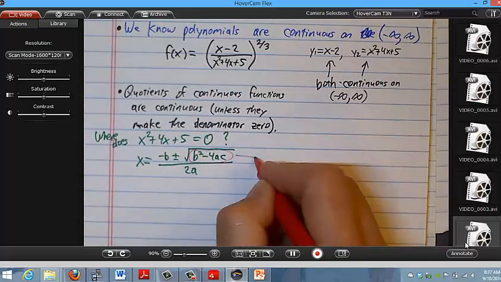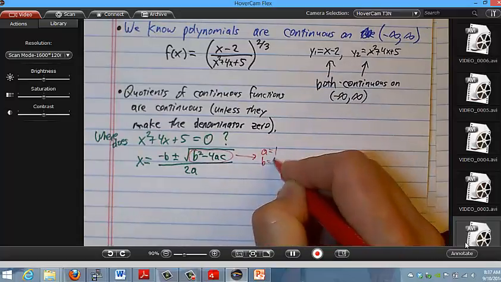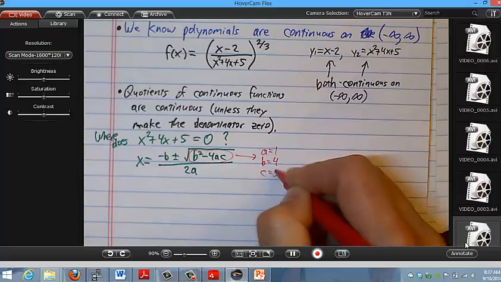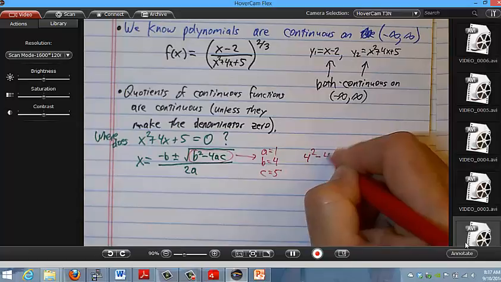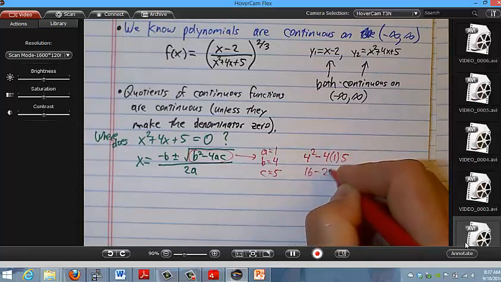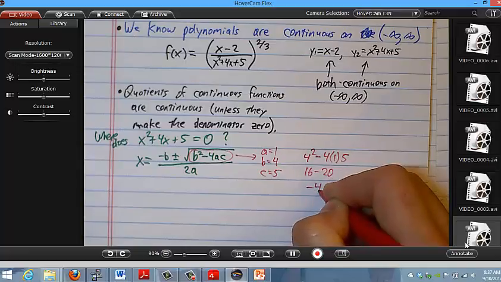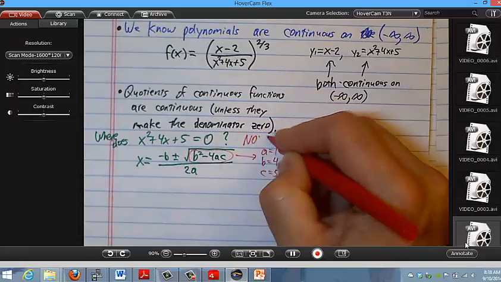Now let me check this out. In our problem, a equals 1, b equals 4, c equals 5. Am I correct? So if I do 4 squared minus 4 times 1 times 5, I agree. You're taking the square root of negative 4, you're going to get imaginary numbers. So the answer is, where does this equal 0? The answer is nowhere.